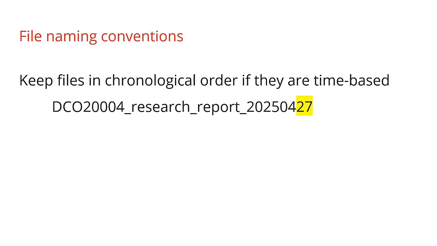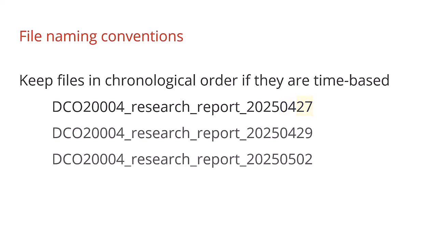And so as we make new versions of this, we would have 2025 04 29, when we've worked on it on the 29th of April. And then when we come back to it in May, we've got 2025 05 02. And it goes in the chronological order with any normal file system that lists the files, as you can see.